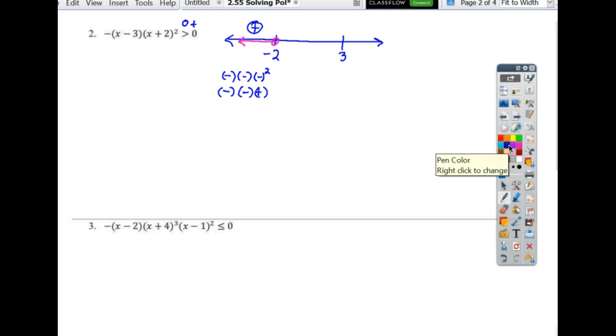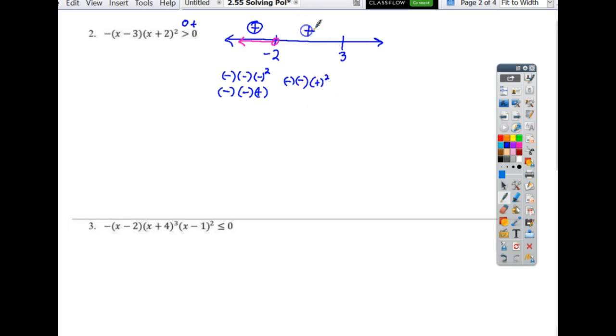Next, I have to test this interval right here. So that interval, if I pick 0, I have to start with a negative because that's right here. If I put 0 in here, that's negative. And if I put 0 in here, it's positive squared. So negative times negative is a positive times a positive.